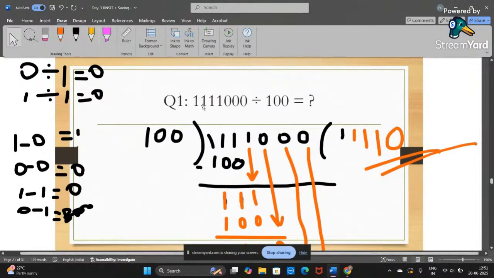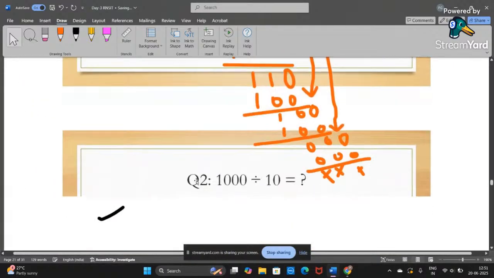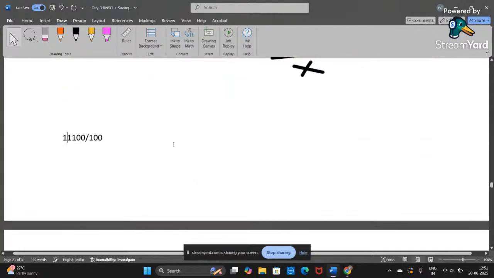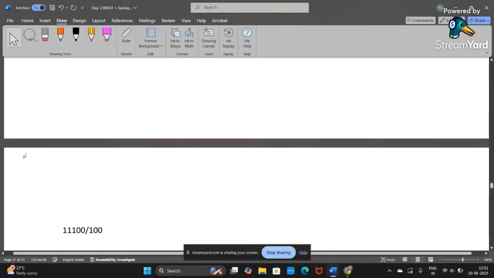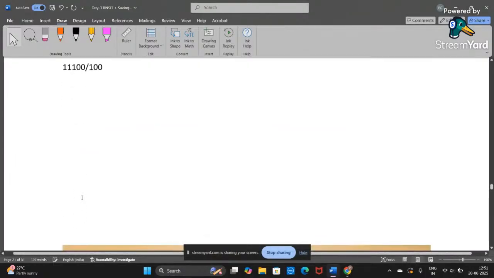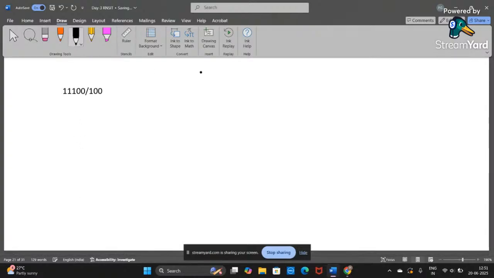Here we have taken 4 ones, here we take 3 ones. So this is the divisor, 100 is the divisor, 11100 is the dividend. So let us take one more 0 here. Okay, add one more 0 over here.